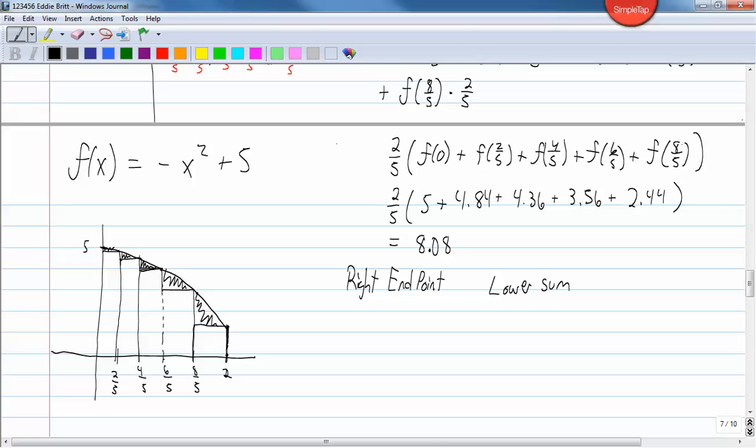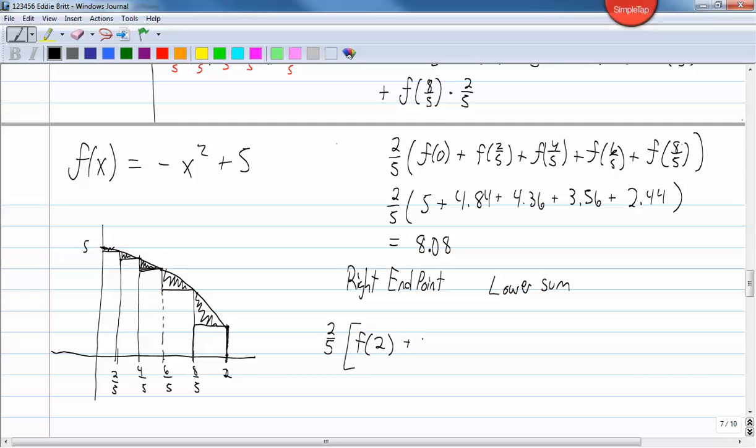So how do I figure these out? Well, if I'm starting here on the right side, my first height is found by saying f of 2. Now, f of 2 is the height of the rectangle times the width, just like before. But what you can do is just put that on the outside of your parentheses, and we'll just do all the heights, add all those up, and then say that times the width of each one.